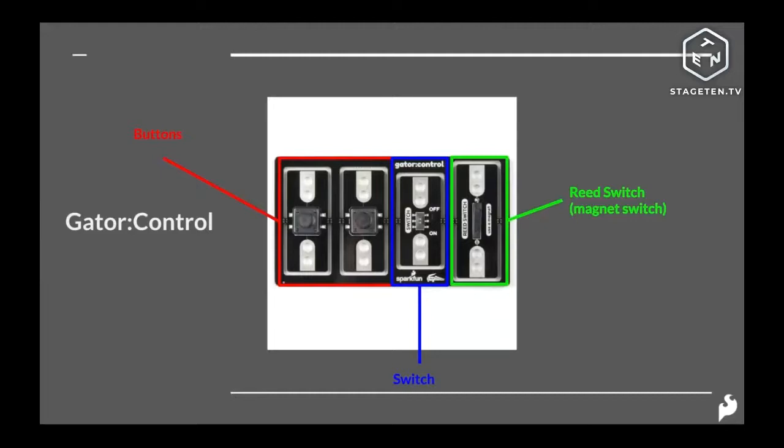If I remove that magnet, that switch opens, that circuit opens, and it's like turning it off. So on and off, depending on the presence of a magnet. If you've ever used door or window alarm sensors, for the most part they're reed switches. So it operates similar to that security system door switch.